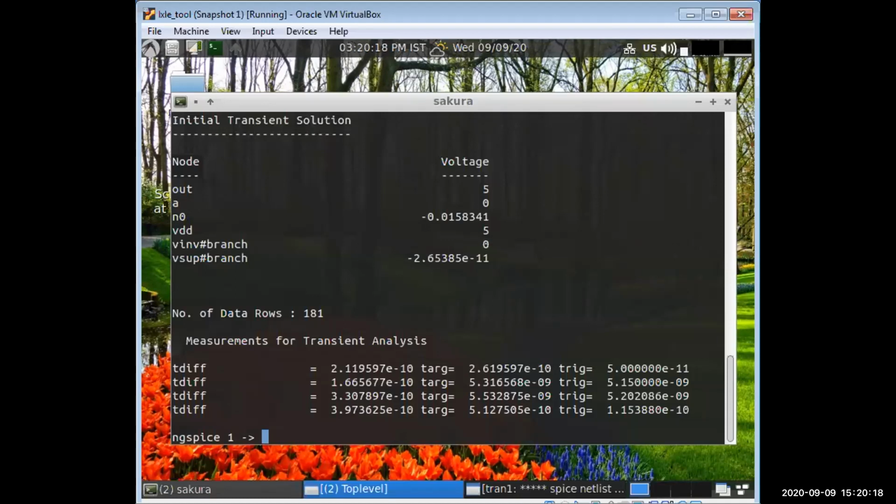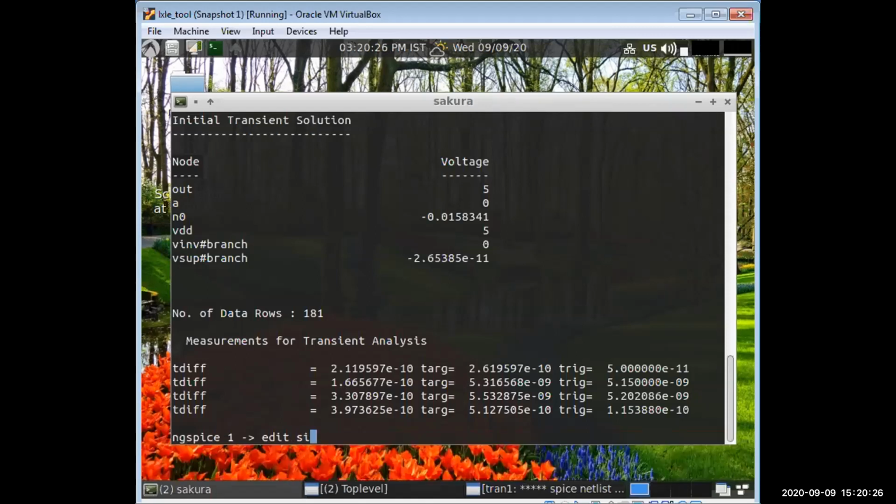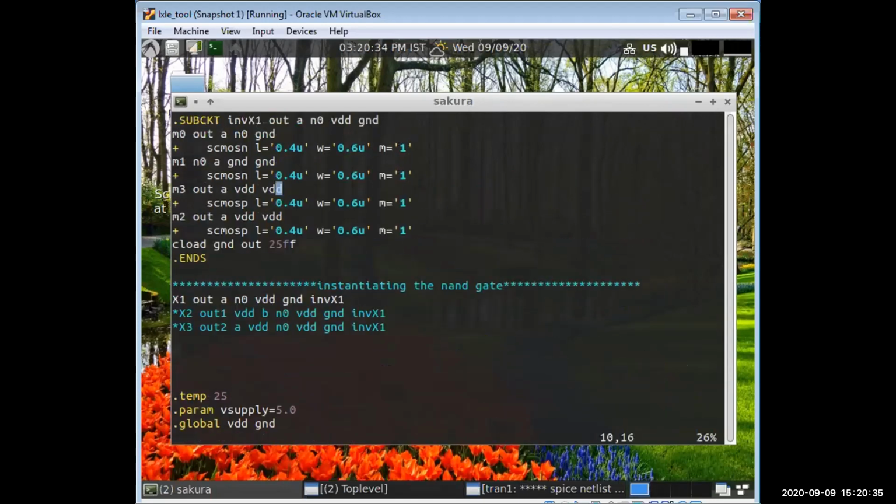So double the size of that NAND, and then the NOR part they will do. Because it's the same thing, they just have to connect all these things. Only change that size to double, and the value.